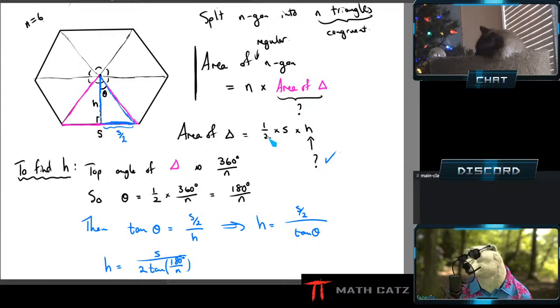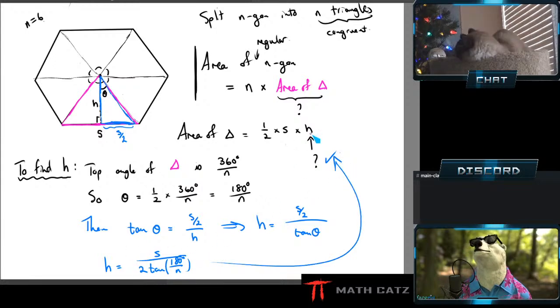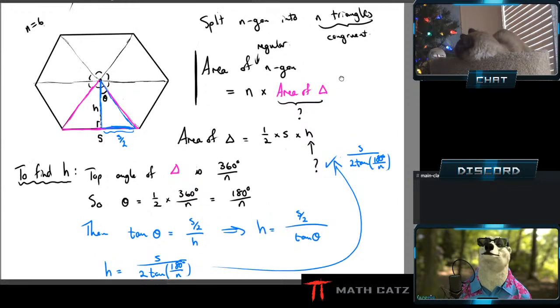The area of the pink triangle is a half times S times H, which I now have found over here. So if I insert this H in here, S over 2 tan 180 over n. You see I have a half, so I divide by another 2, so that's going to become a 4.